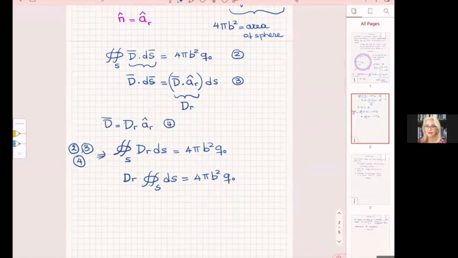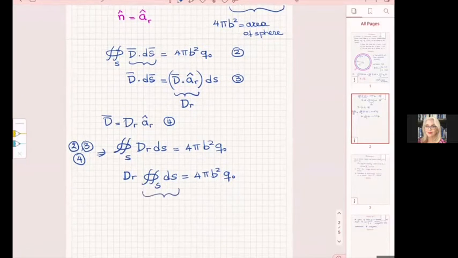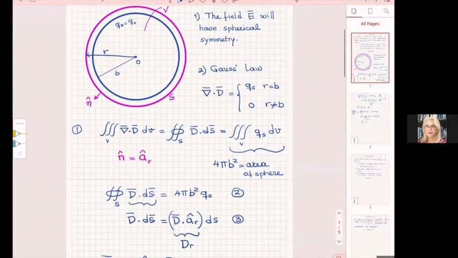Okay, how much is this one? dr is constant, so d sub r, and then it's again the surface, but which surface? The area of S surface, which has a radius r, not b, r. It's a surface that encloses.